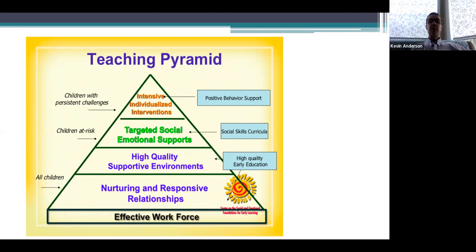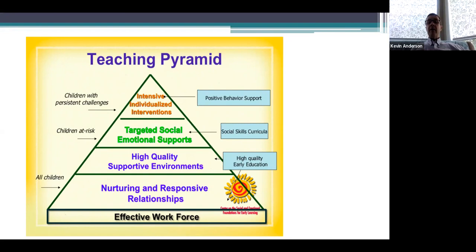We have all of our children learning how to be friendly, be safe, and be workers. But we also do additional teaching, and we're going to show an example here in a little bit of some very specific targeted social teaching that a teacher is going to engage in with a classroom.